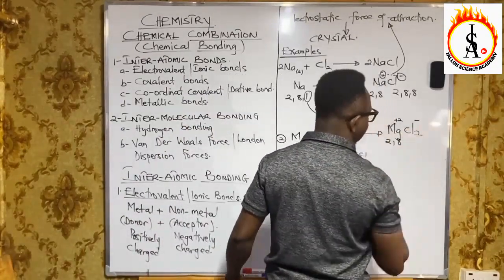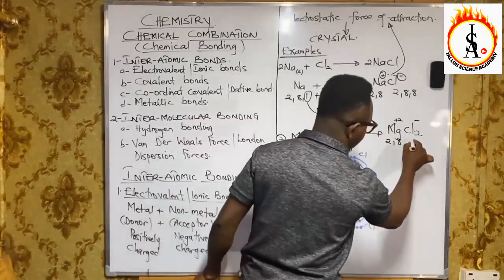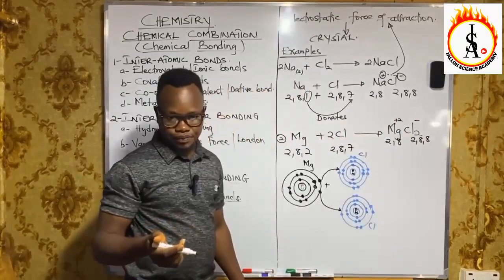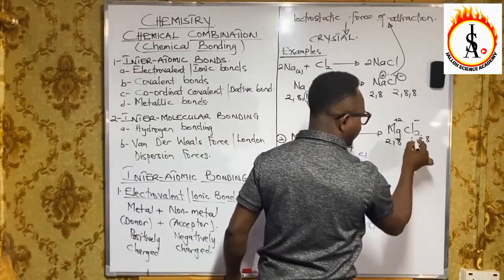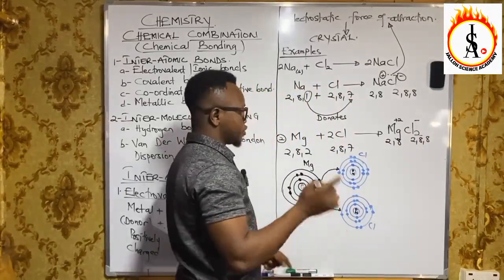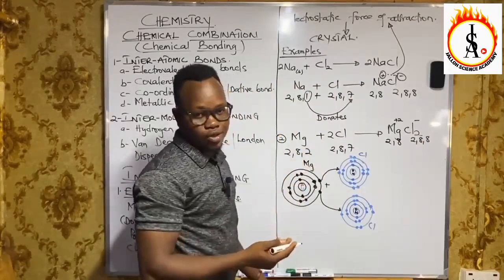With an electronic configuration of 2, 8, 8, which is an argon. And this charge of -1 is multiplied by 2 because you have 2 atoms of chlorine to give you -2, because the charges have to be equal for them to be a neutral compound.